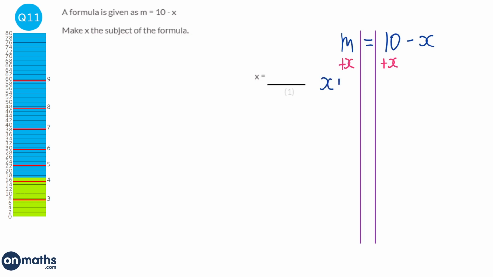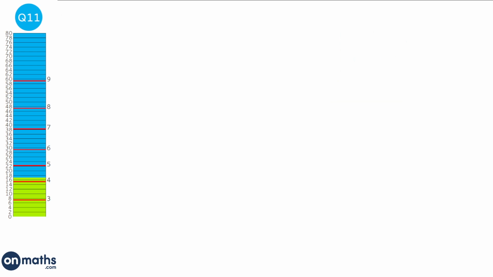So we've got x plus m equals 10. Then we want to get rid of anything on the left-hand side that's not this x. So we want to get rid of this plus m, so we're going to do that by subtracting m both sides. So we've got x equals 10 minus m. So our answer is x equals 10 minus m.